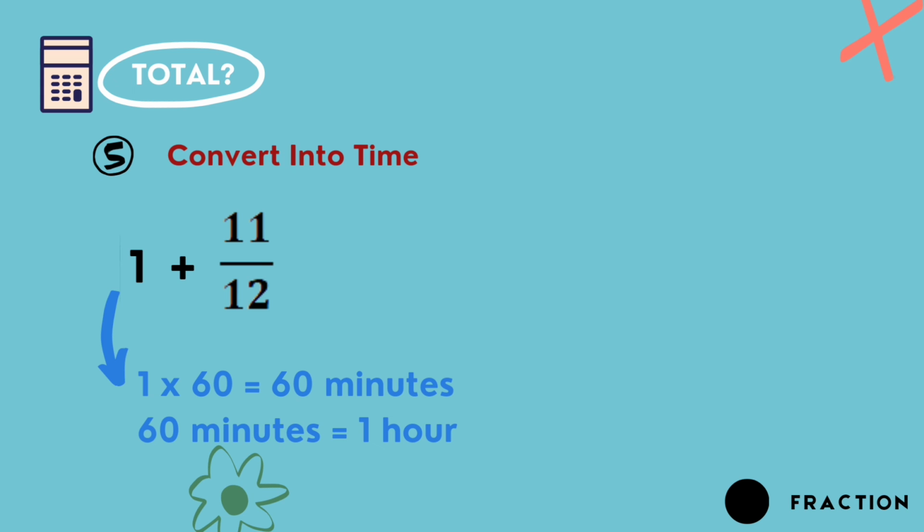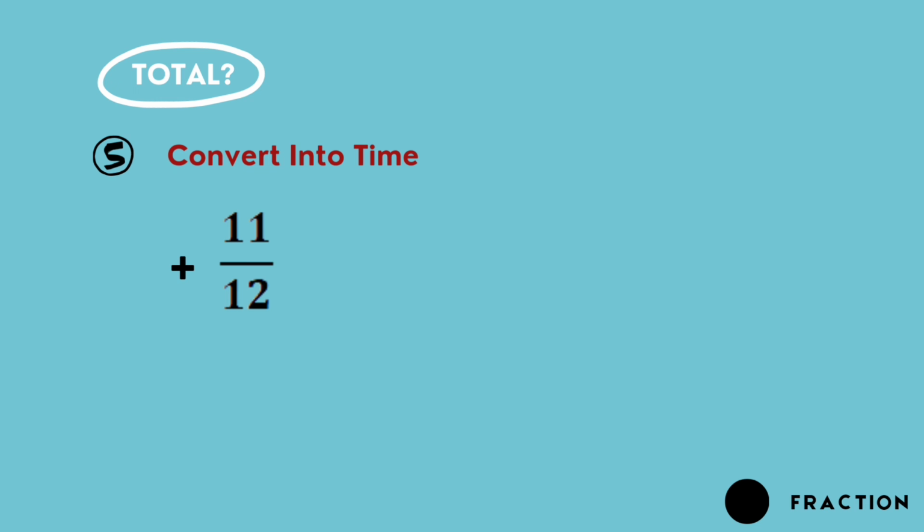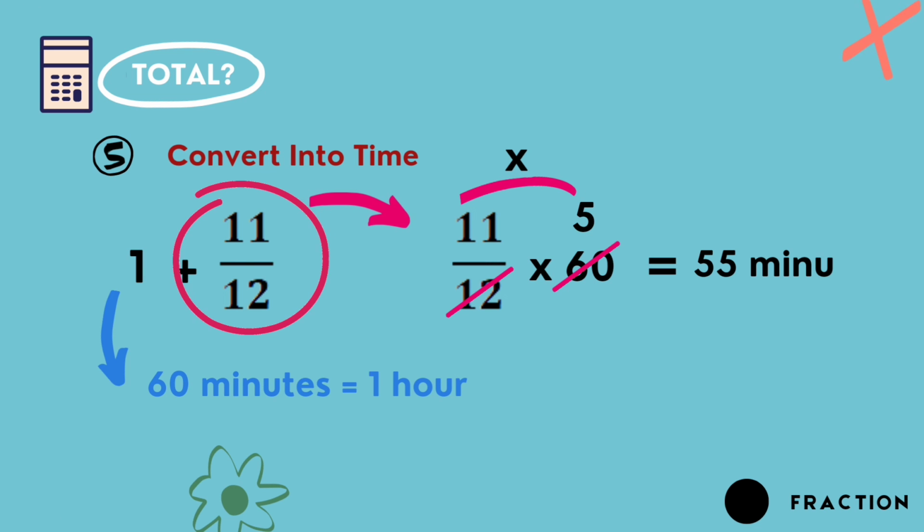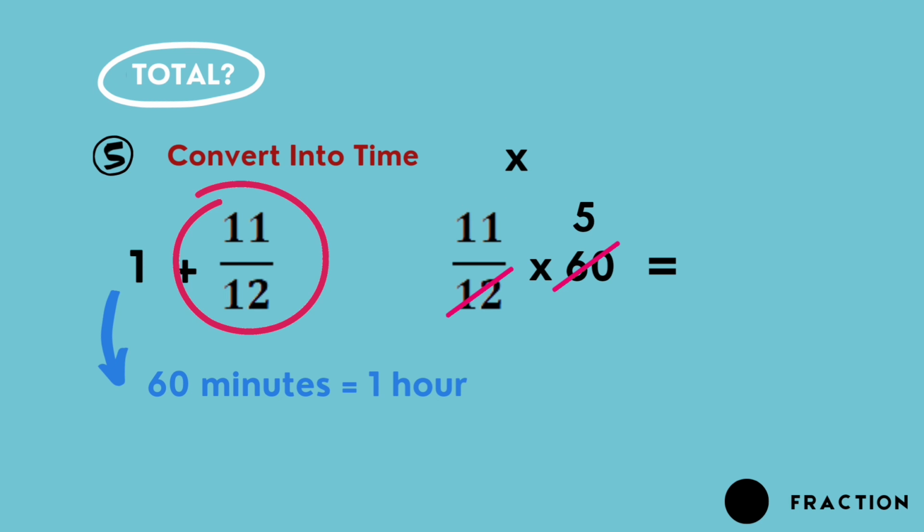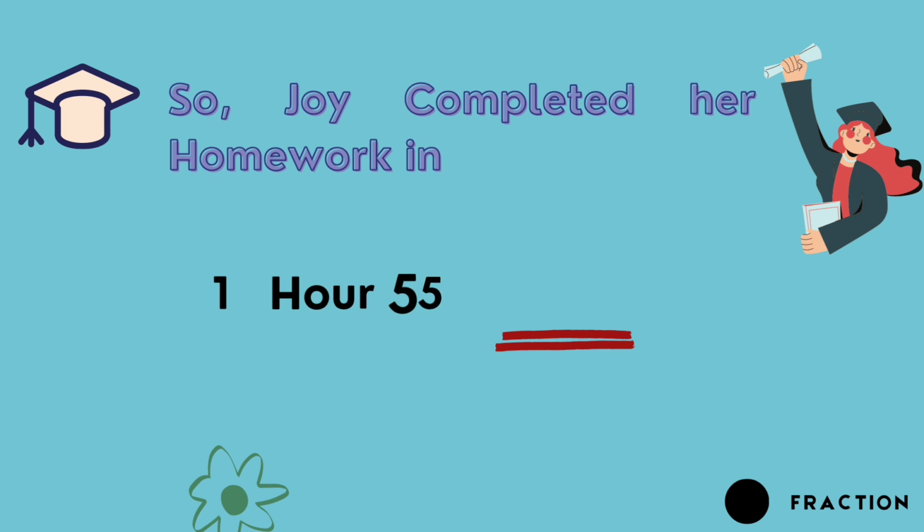Step 1, 1 times 60 minutes equals 60 minutes, so we have 1 hour. Step 2, we multiply 11 over 12 by 60 minutes, and we have 55 minutes. So the answer is 1 hour 55 minutes. So Joy completed her homework in 1 hour 55 minutes.